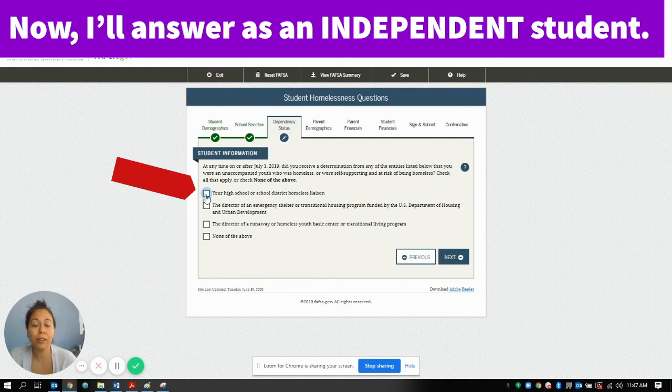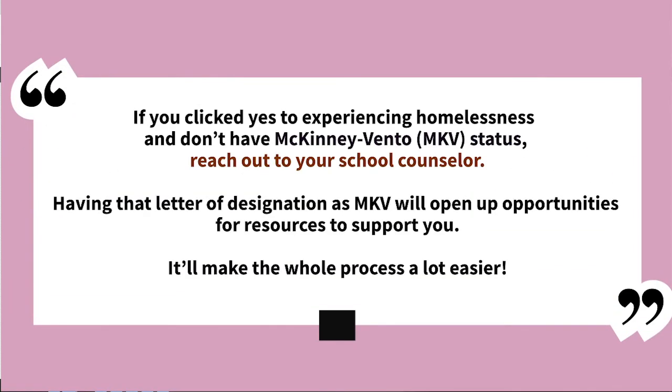The colleges that you apply to will ask for this letter from your school district designating you as qualifying for McKinney-Vento. If you clicked yes for that previous question and don't have a McKinney-Vento status, reach out to your school counselor, because having that letter, that designation as McKinney-Vento, will open up opportunities for resources to support you. It will make the whole process a lot easier.